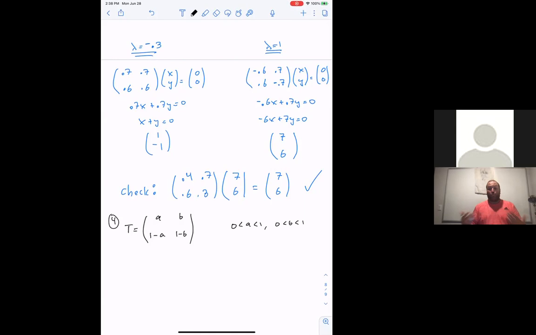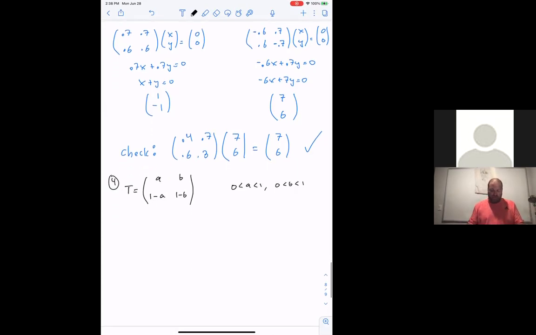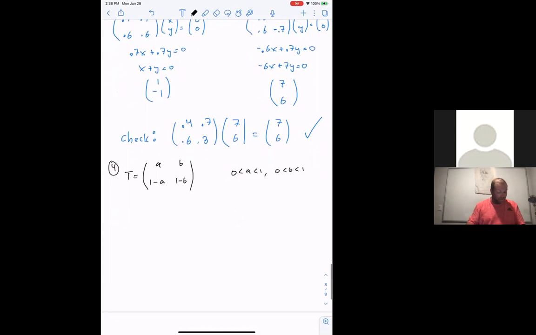Because if probabilities are 1, then there's not really the chance of switching states sometimes, which makes problems a little more trivial and less requiring the need of all this math. So we're going to go with 0 less than A less than 1, 0 less than B less than 1.